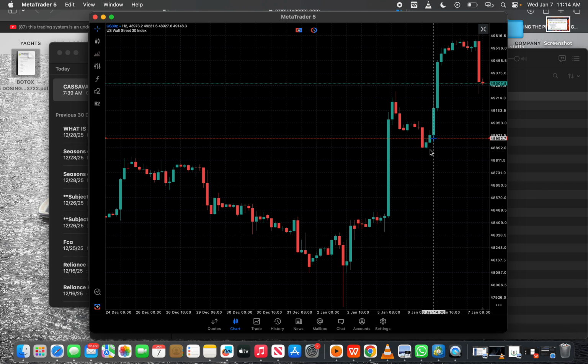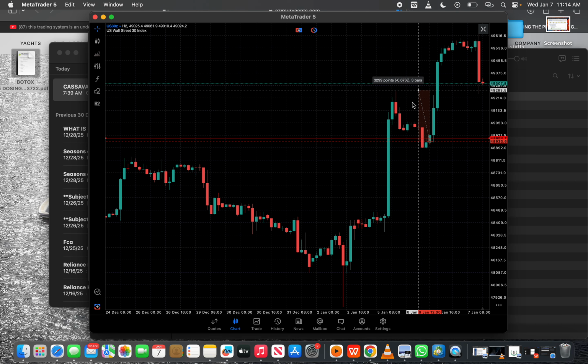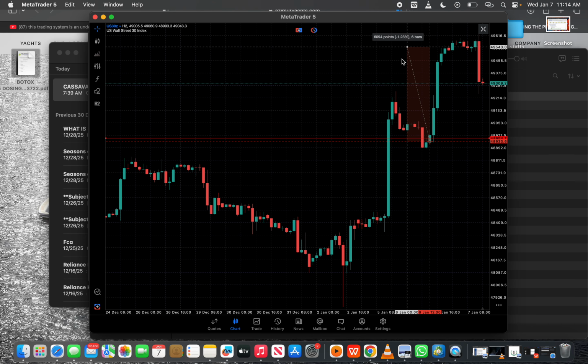Remember, this level is my new support level. A previous resistance level broken, price closed above it. Now price will come down to fill it and give me my buy. So this was my stop loss from here to here, which was 60 pips. Then my interest is price running for 500-600 points, which was a very good setup.